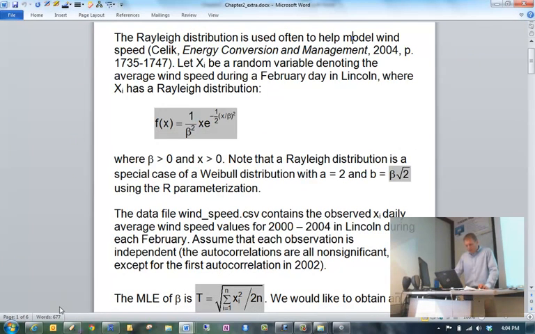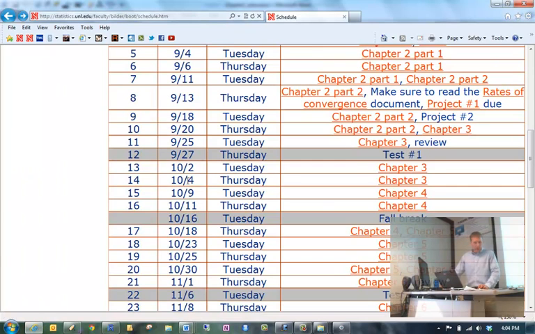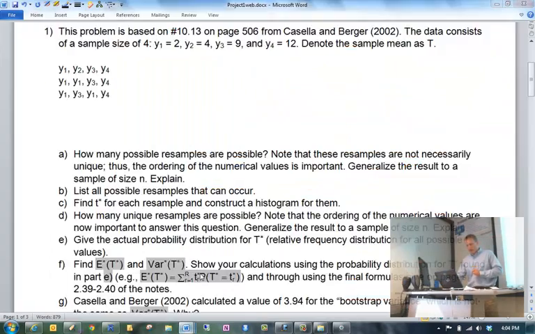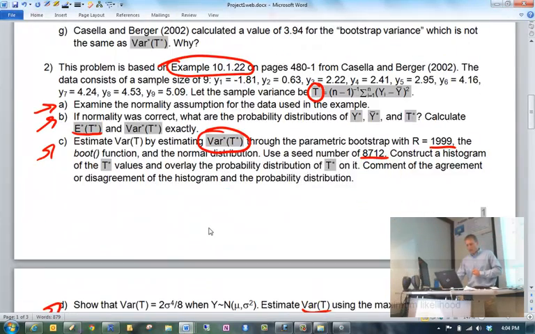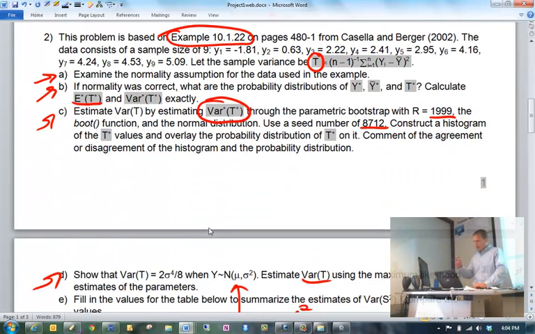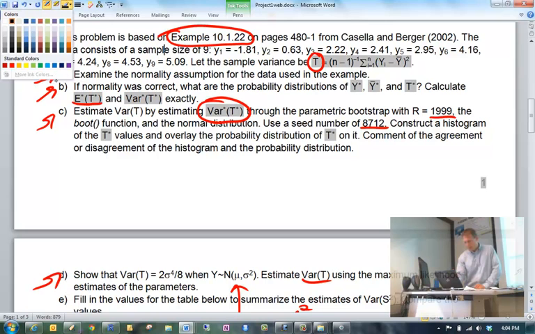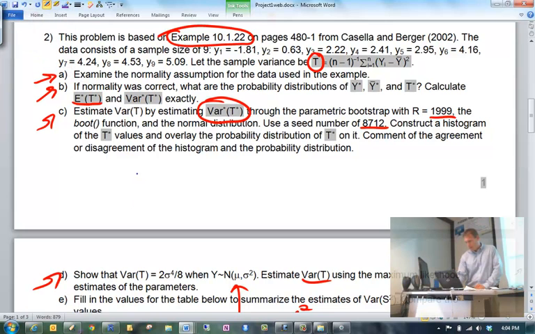Okay, so let me get back to what I was going to start with at the very beginning. So project number 1 is due Thursday, September 13th. There was also one other thing I wanted to bring up about project number 1 regarding problem number 2, and I don't think I mentioned this last time, so that's why I want to make sure I bring it up now. I'm going to do a purple pen this time.